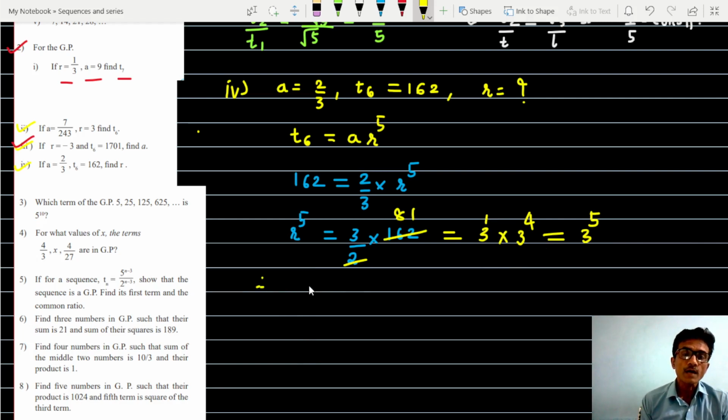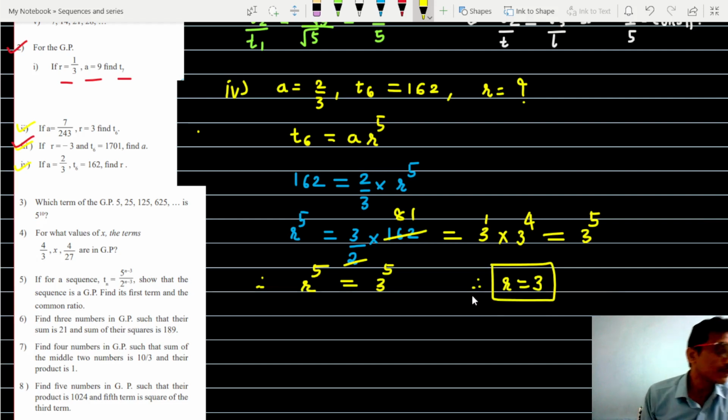That is R raised to power 5 is equal to 3 raised to power 5. So what is R? Therefore R must be equal to what? 3. So R is equal to 3 we are getting.